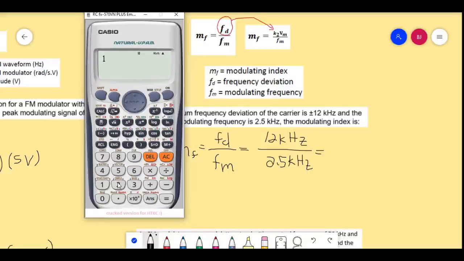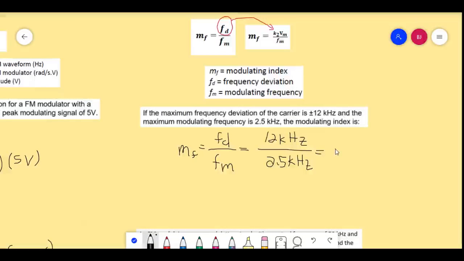So let's say we're going to do it directly. 12 exponent 3 for 12 kilohertz divided by 2.5 exponent 3 or 2.5 kilohertz, which will give us 4.8. So our answer here would be 4.8.